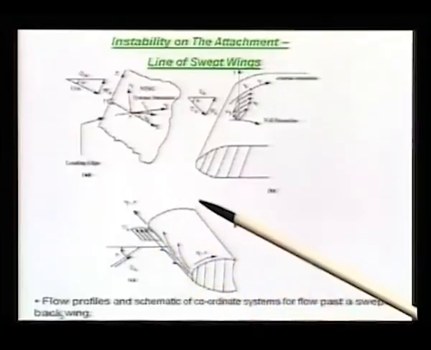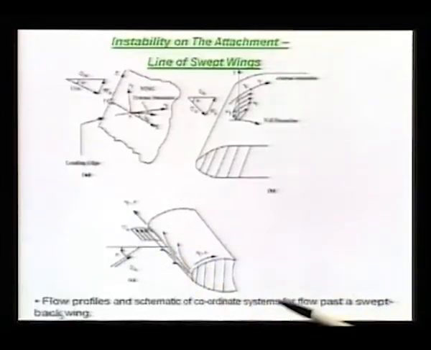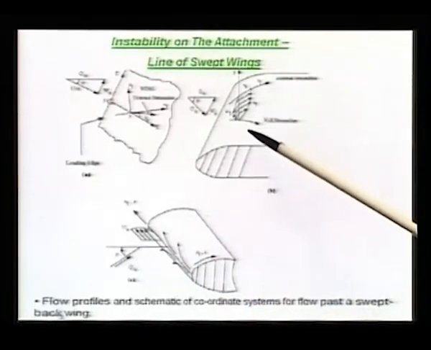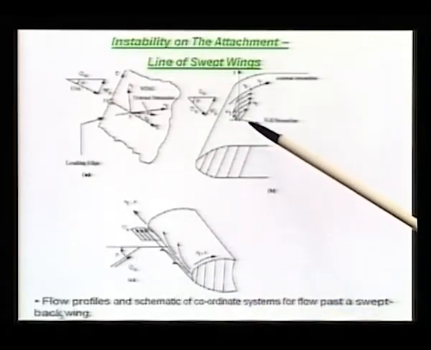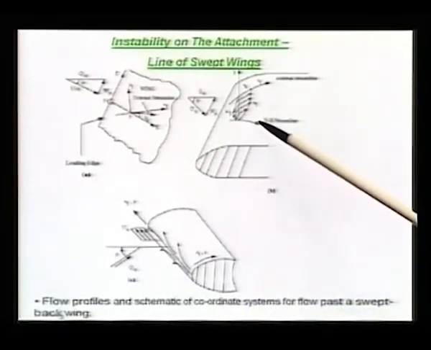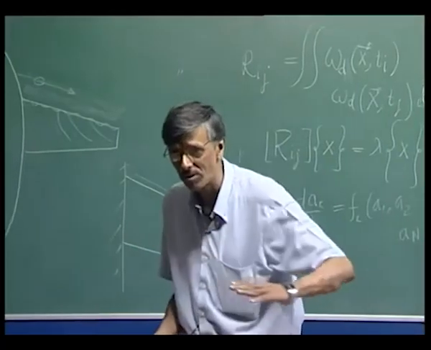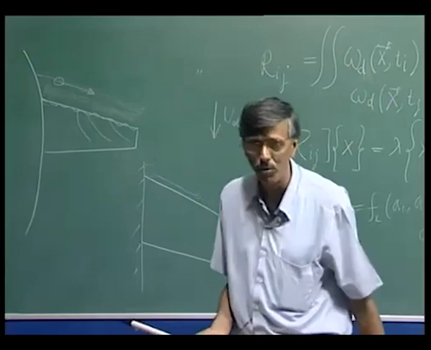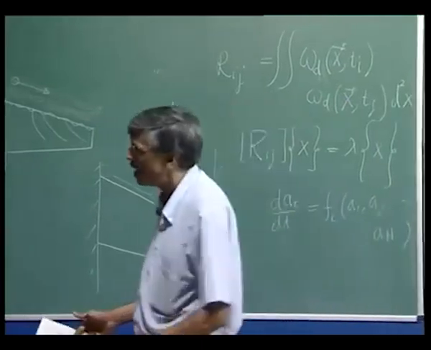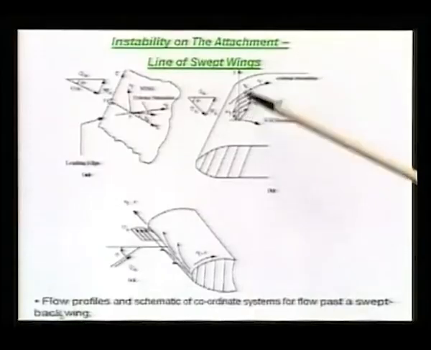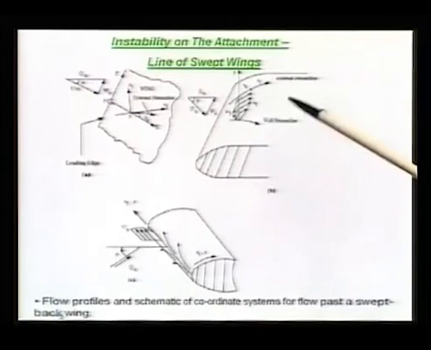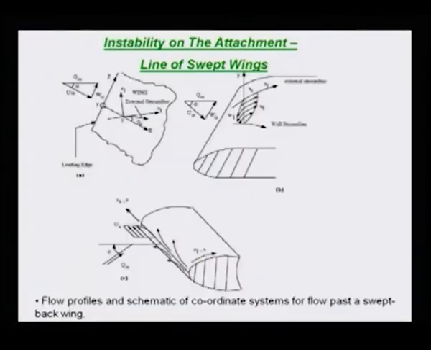It is extending towards you, and in that flow what you notice is this wall streamline. You can talk about a streamline which is indicative of the flow direction on the wall, and once you move out of the shear layer, you get another streamline that we call the external streamline.